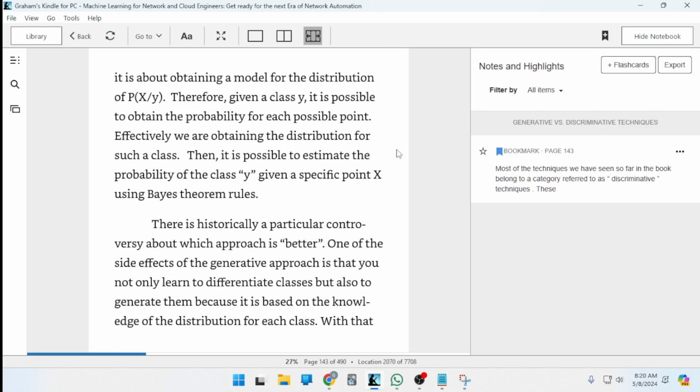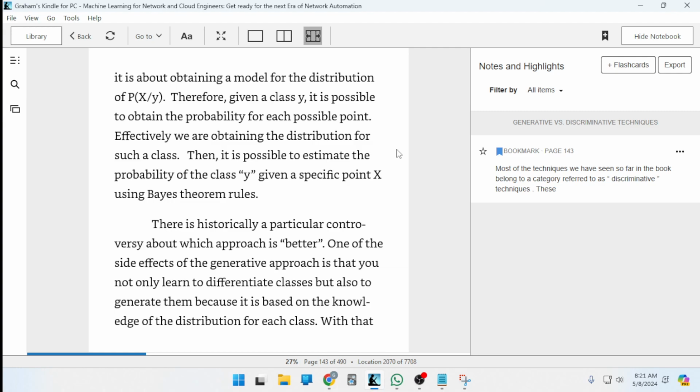Mathematically speaking, it is about obtaining a model for the distribution of, and it's just going to be that way until the author corrects it. I don't need to notify him about every single instance, but I thought it was fair to notify one more time, since it's 100 pages later and it might be hard to find every one.